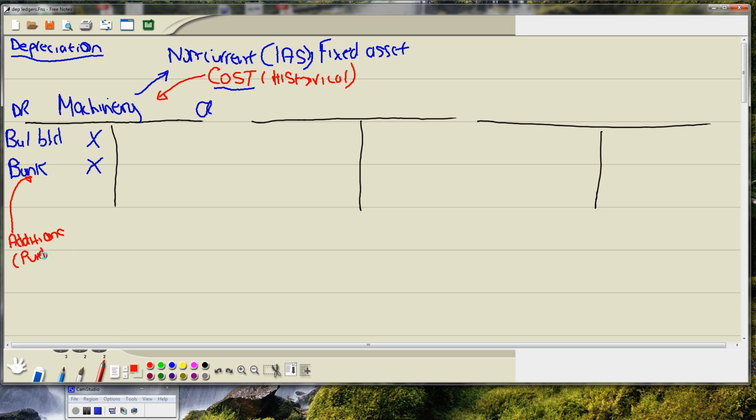If you've studied previous topics in accounting, purchases is a very specific word, because technically purchases only relates to purchases of stock, goods for resale. Well, a machine is not a purchase item. We don't buy it with the intention of reselling. We might sell it, but we don't buy it with the intention to sell it. So again, that's additions on the debit side.